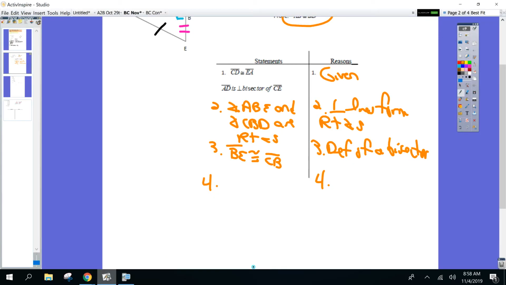Yep. Triangle ABE and triangle CBD are right triangles. Do not worry in this step if sides and angles match up. I don't care. It's the congruent statement where I care if sides and angles match up.